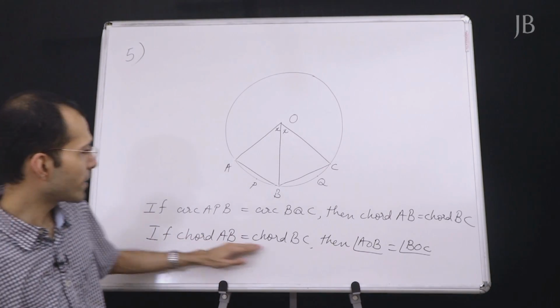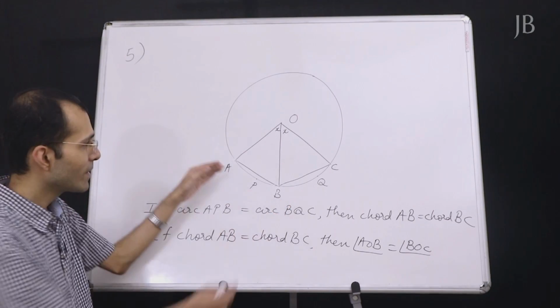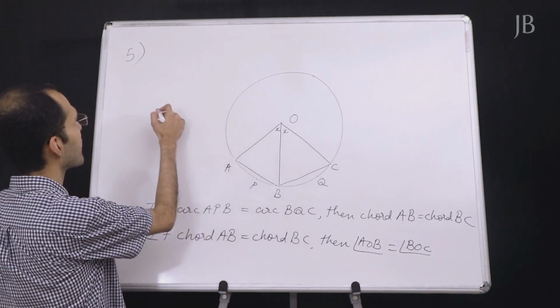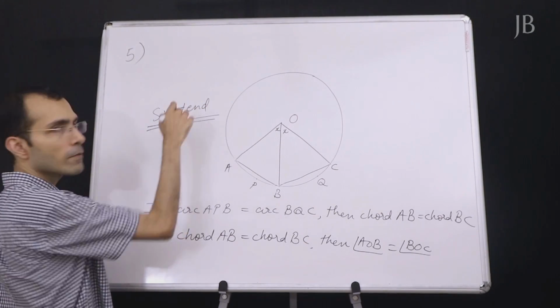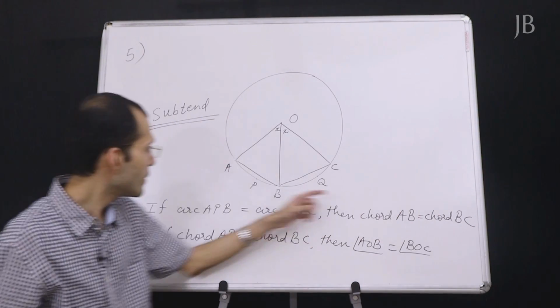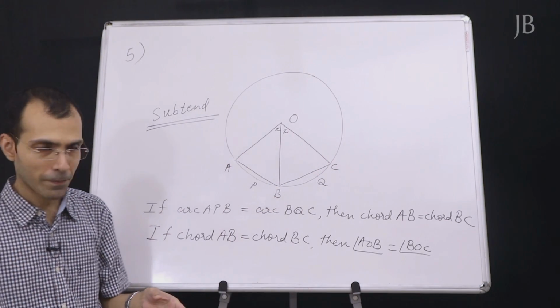And how do we formulate the concept for this one? Equal chords subtend equal angles at the center. Subtend means forms. So for this one, how do we frame it? Equal arcs subtend equal chords.